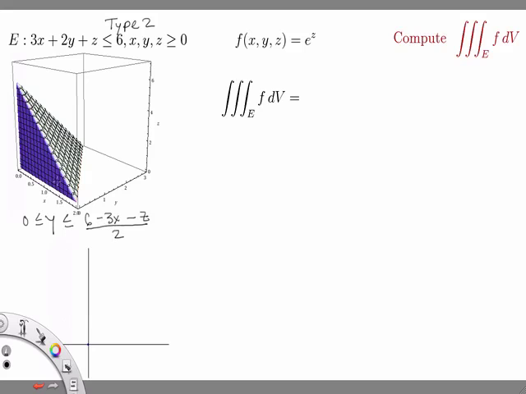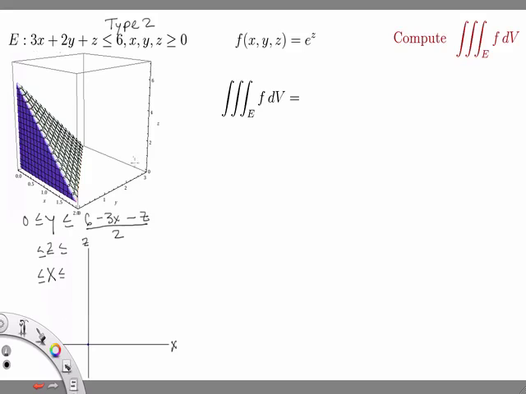Okay, so then we think about the projection down into the xz plane, and that's this purple shaded region right here. We can think of the z bounds as being functions of x, and then the x bounds as constants. So this is a triangle, and what triangle is it? If we're in the xz plane here, I just set y equal to 0.